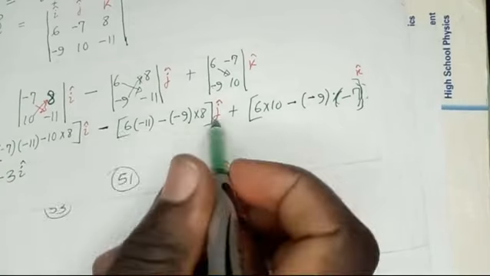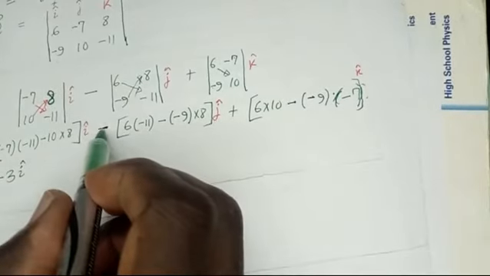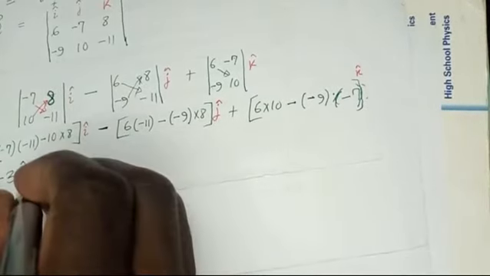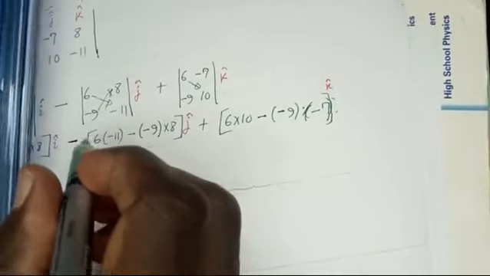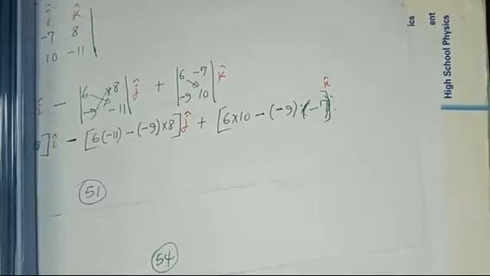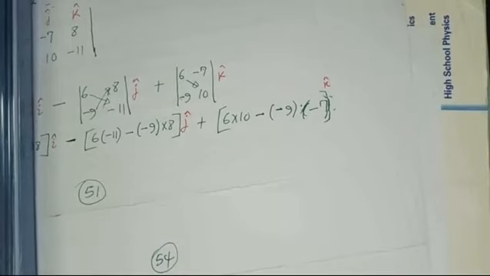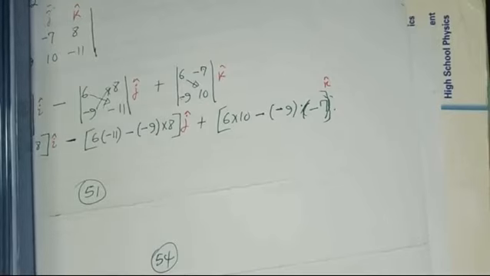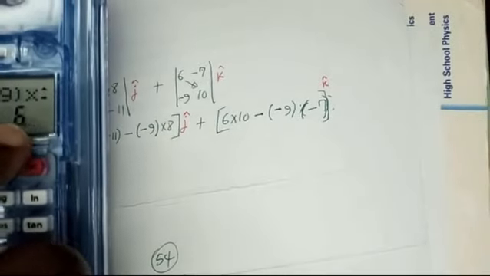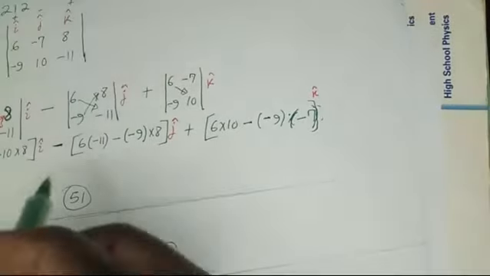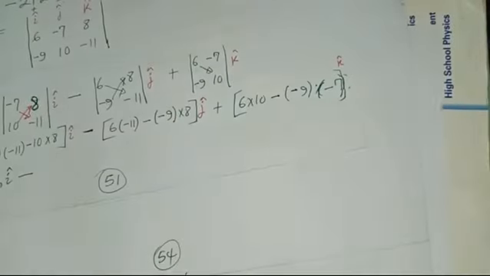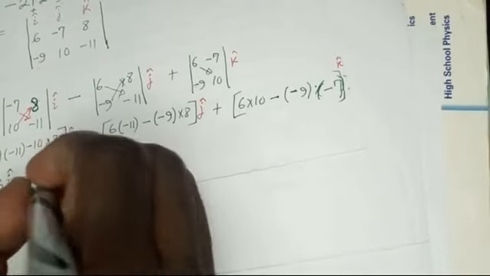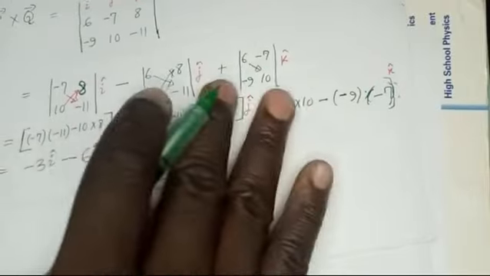Then what about the next one? You see, this one is negative, so let me write the negative sign, and then let's see what we will have in the bracket. 6 into negative 11 close bracket minus, open another bracket, minus 9 close bracket times 8. When you do that, you have a positive answer, so it means this negative will survive. So you have negative 6 J cap here.